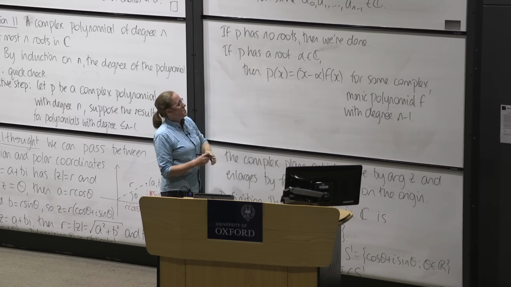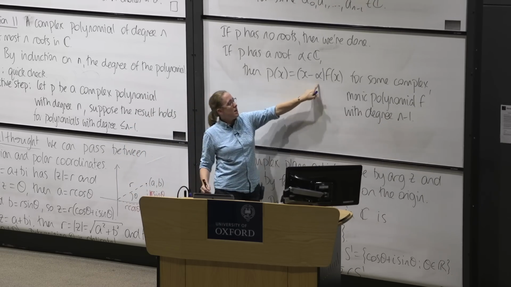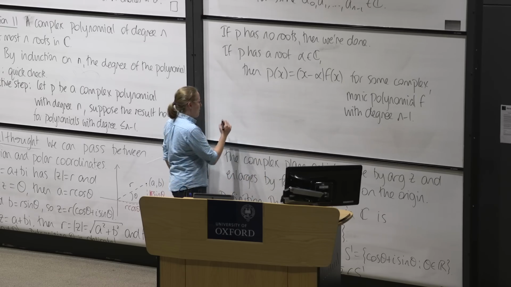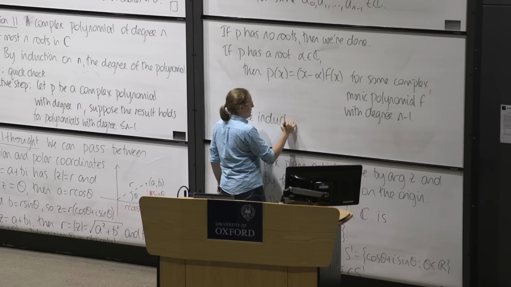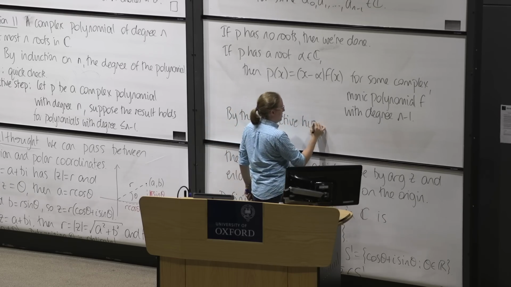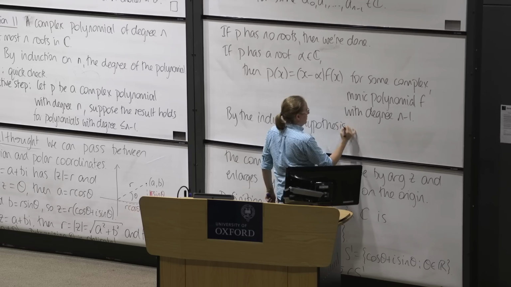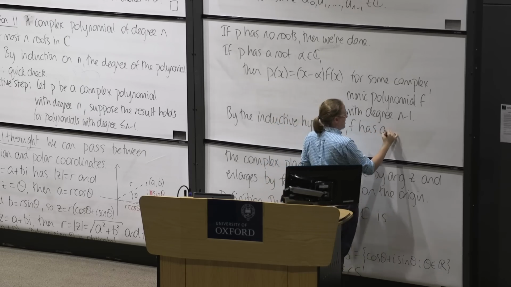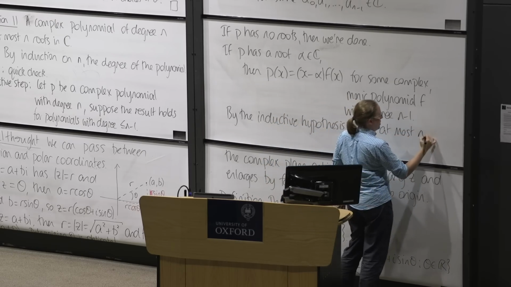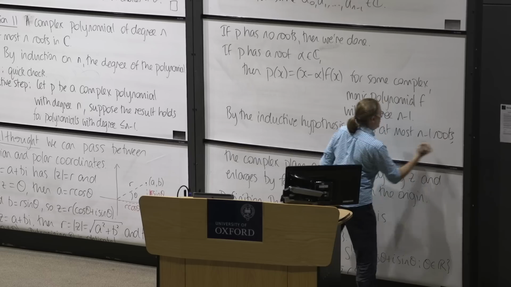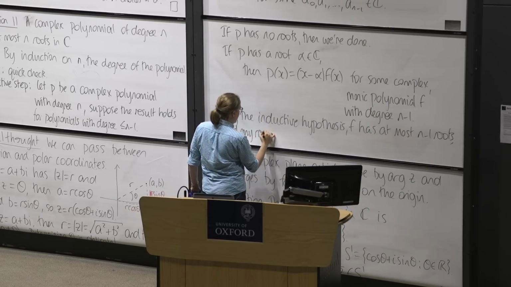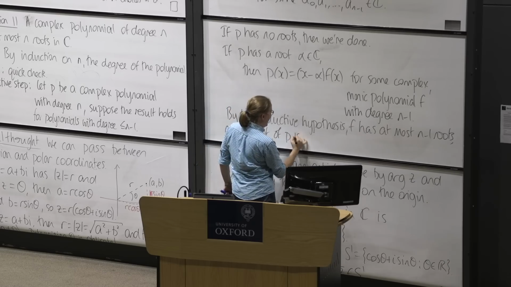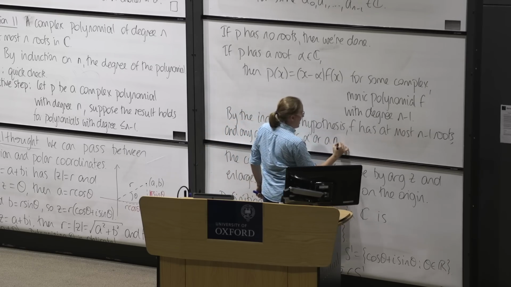What this tells us is that any root of P is either alpha or a root of f. So by the inductive hypothesis, f has at most n minus 1 roots, and any root of P is alpha or a root of f.